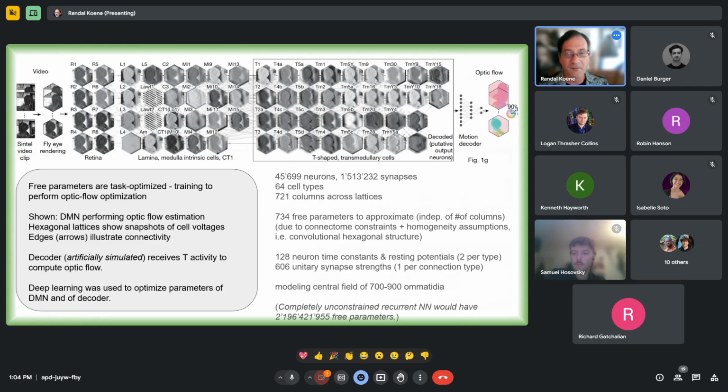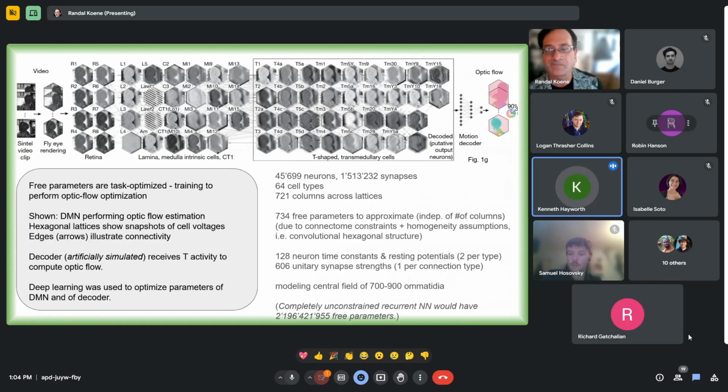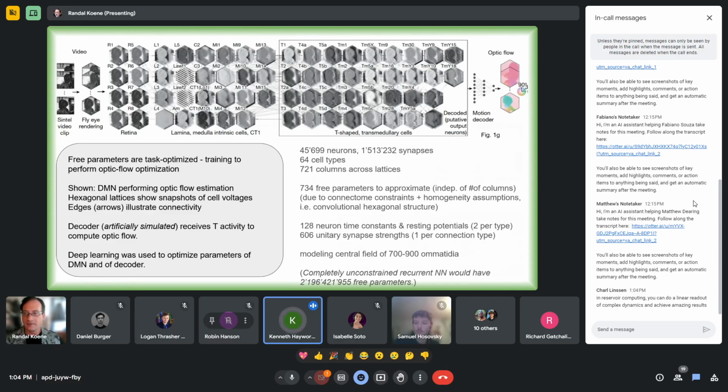Because I could imagine, if you wanted to essentially get rid of any arguments that the decoding network is doing heavy lifting, you could make it a perceptron network and you'd be done. It's just linear.